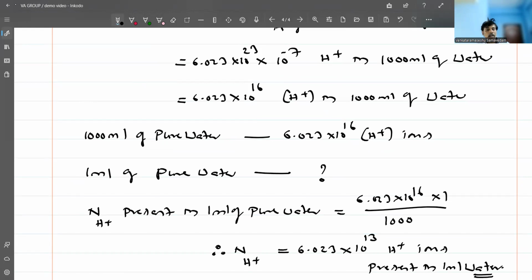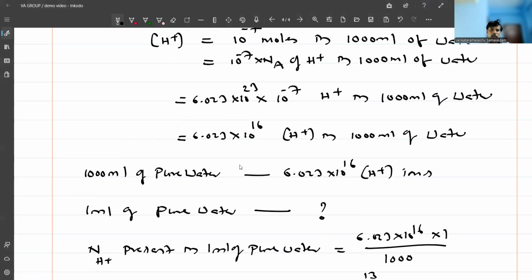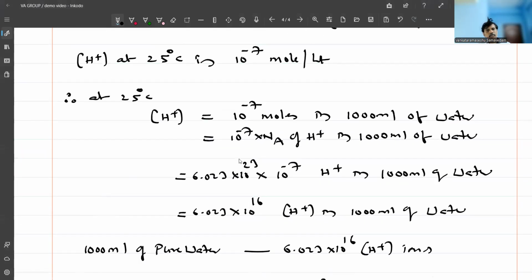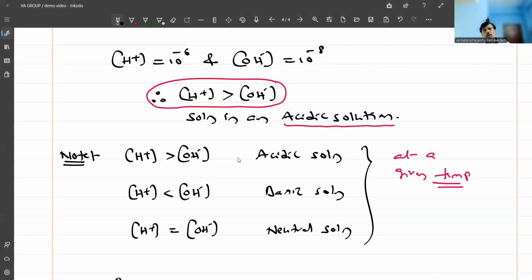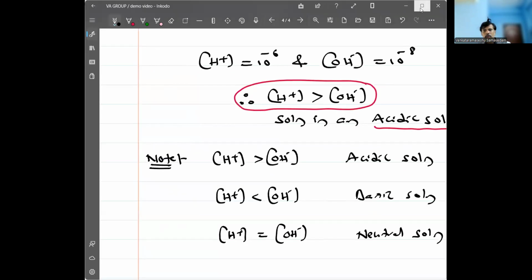So like this, there may be a chance to ask different questions about the ionic product of water. So this is the particular concept and different model problems may be asked. So I think everybody understood about this topic, Kw, ionic product of water and its applications.